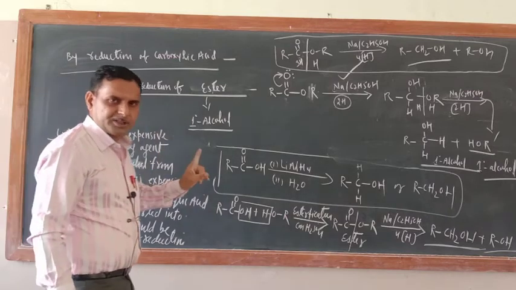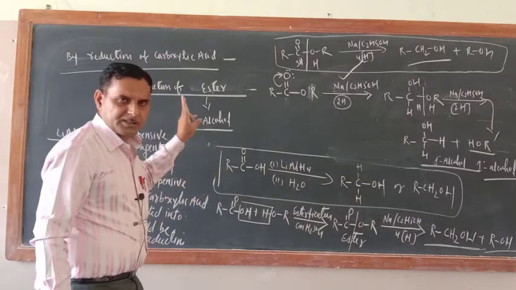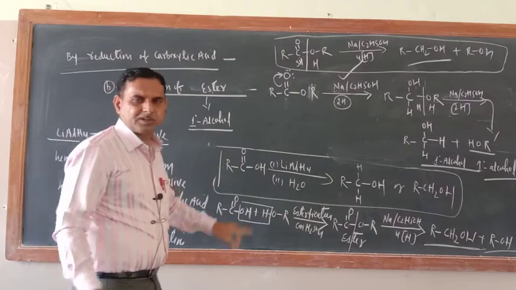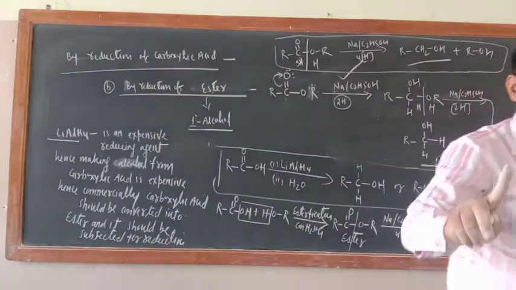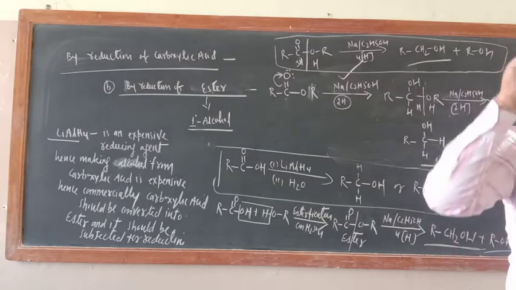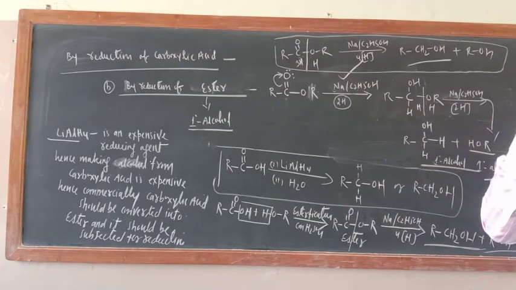Now by reduction of aldehydes and ketones. So the conclusion is, by reduction of carboxylic acid we are getting 1 degree alcohol, and by reduction of ester we are getting 1 degree alcohol, but we are getting 2 molecules of alcohol. Now let us see the reduction of aldehydes and ketones. In case of aldehyde also we will have 1 degree alcohol only. But in case of reduction of ketone, we will have 2 degree alcohol.